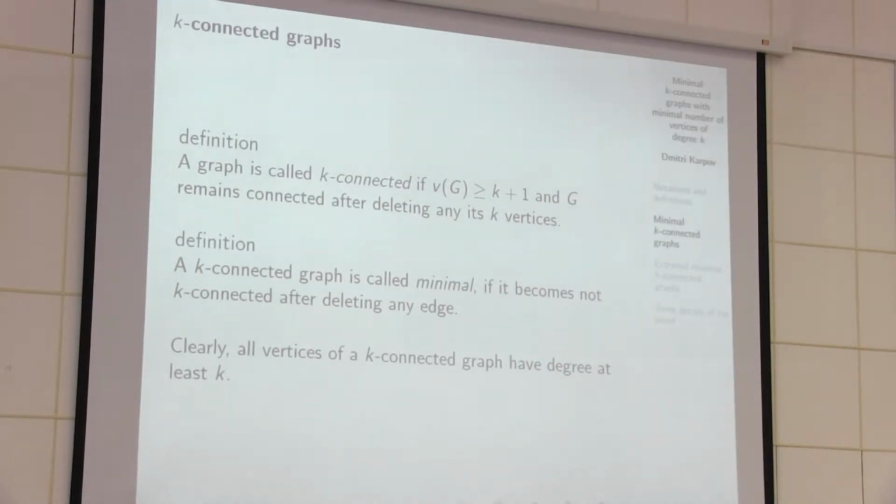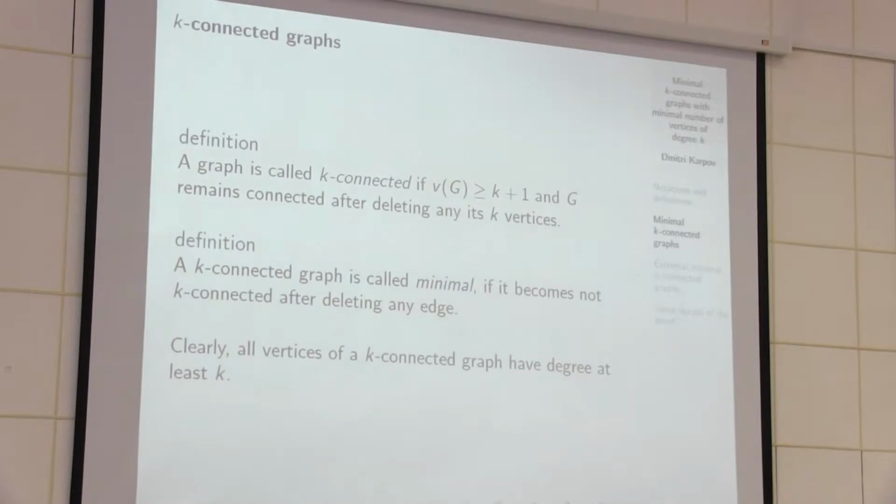A k-connected graph is called minimal if the deletion of any vertex makes it not k-connected. This object, minimal k-connected graphs, was well studied in the 60s, 70s, and 80s. Say, 4-connected is also 3-connected. Of course, it's 3-connected, and it's not that the connectivity is precisely k.